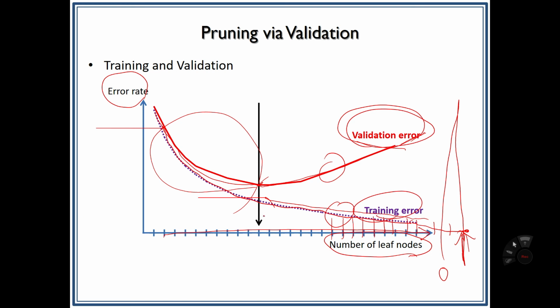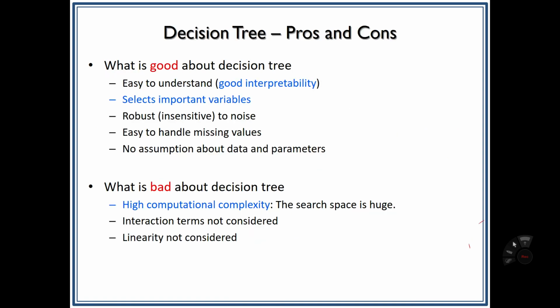In fact, we stop the pruning at this point. Once the validation error increases by a step of pruning, we do not go to that pruning. We come back to the just previous step, and then we decide the final tree. That's the way of selecting the best pruned tree.